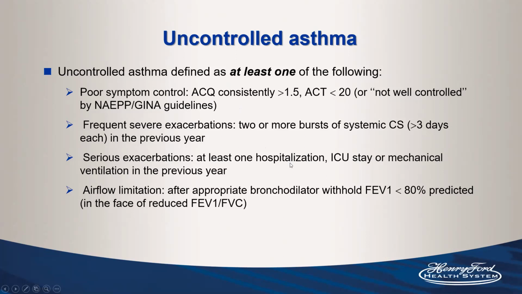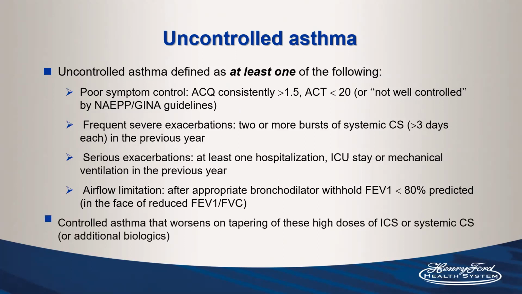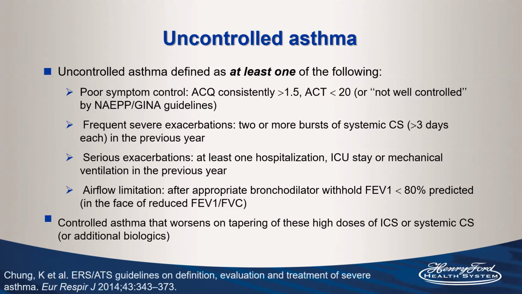If they had serious exacerbations like hospitalization, ICU stay, mechanical ventilation in the previous year, and then they have airflow limitations, like after appropriate bronchodilator withhold, their FEV1 is less than 80% of predicted in the face of reduced FEV1 over FVC. And any controlled asthma that, if you taper the medication, becomes uncontrolled. So that goes under the uncontrolled asthma criteria, okay? We're good so far? Okay.